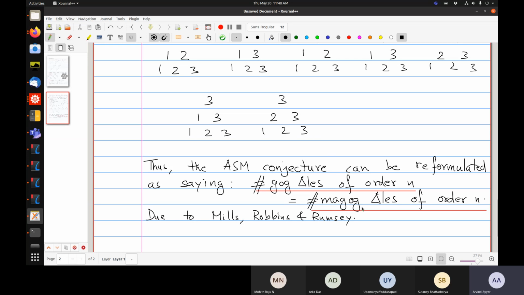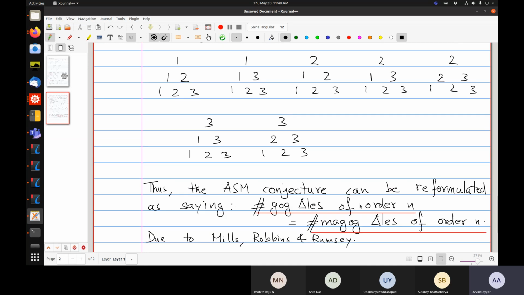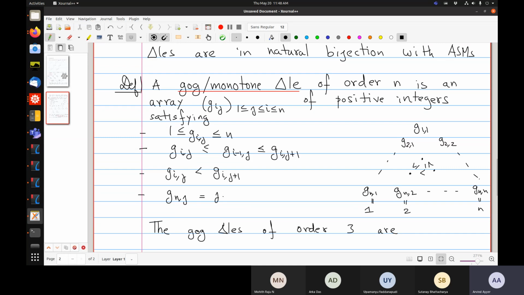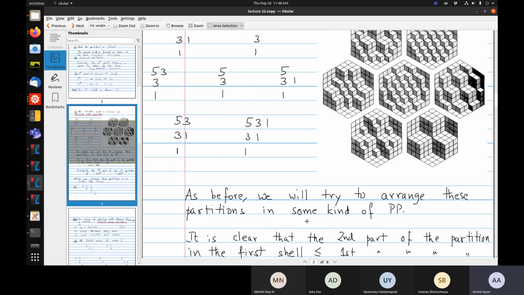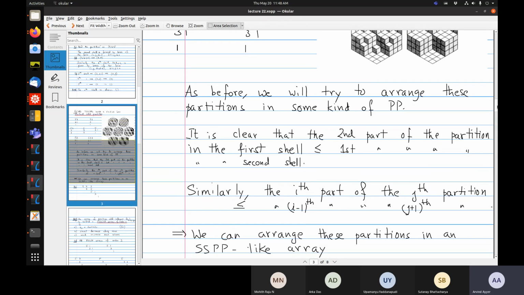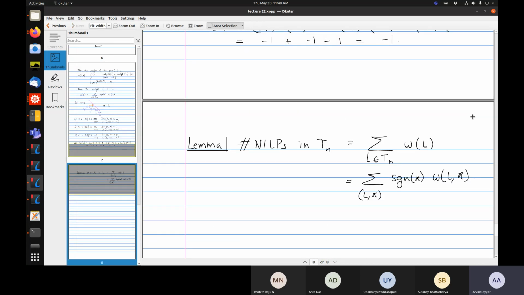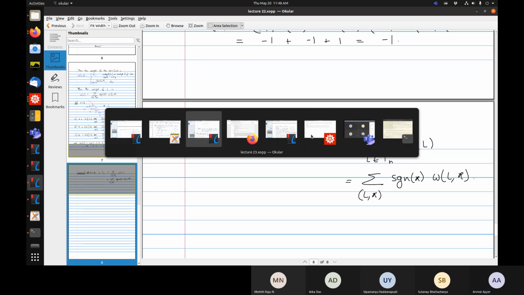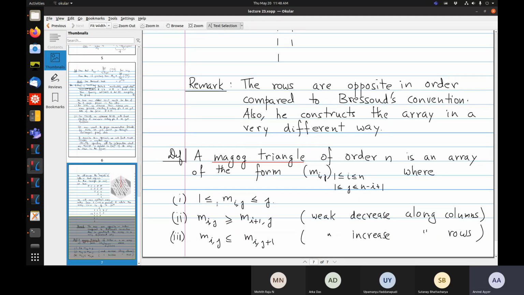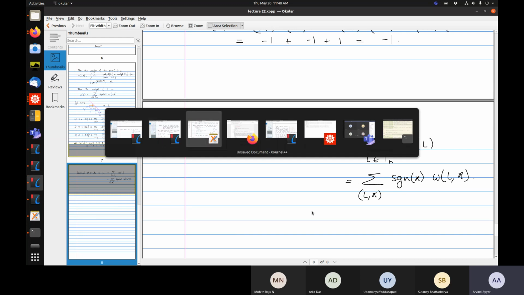So now let us pause a bit and compare these two triangles. So for the gog triangles, you have this kind of inequalities and the bottom row frozen, and for the magog triangles, you have inequalities which are of a different flavor.